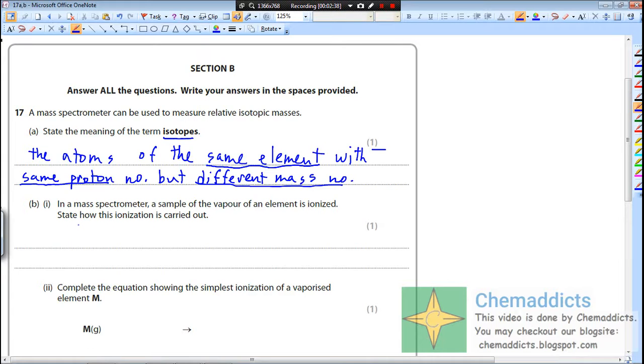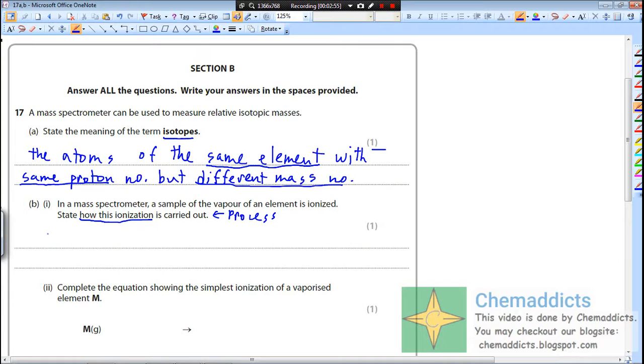If we look at the question carefully, we can see that they have asked us about the process. So we are going to discuss the process.